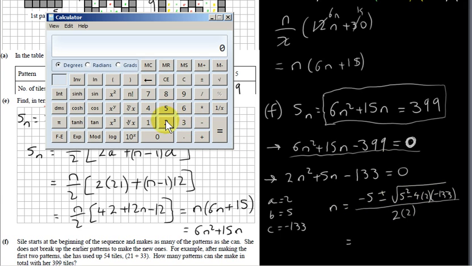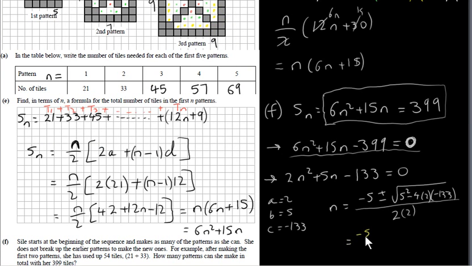So we have 5 squared, which is 25, minus 4 times 2, which is 8, multiplied by minus 133. So for that, we get 1089. Now we want to get the square root of this number, so a quick way to do that is just to put it to the power of 0.5. That's 33. So we have minus 5 plus or minus 33 divided by 2 2s are 4.